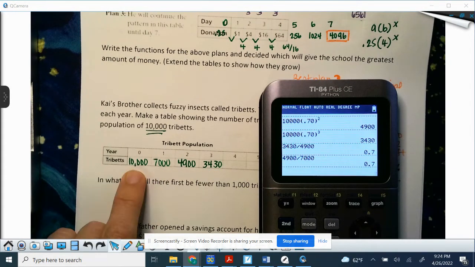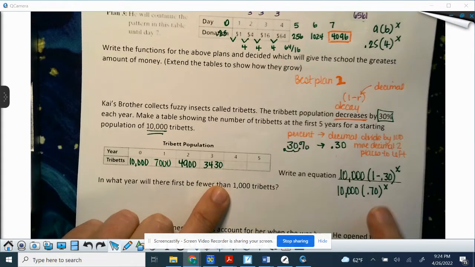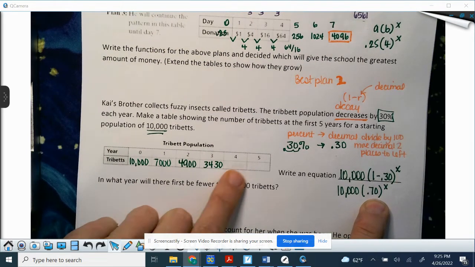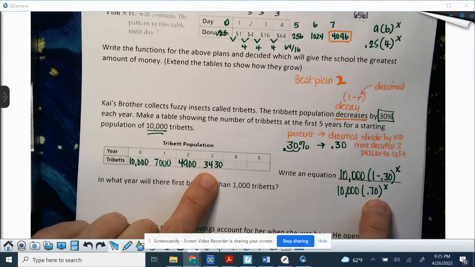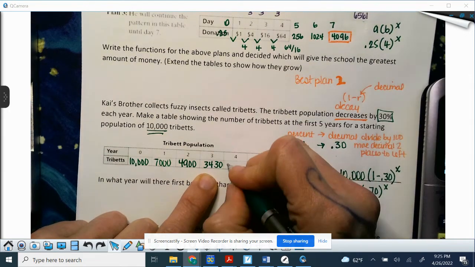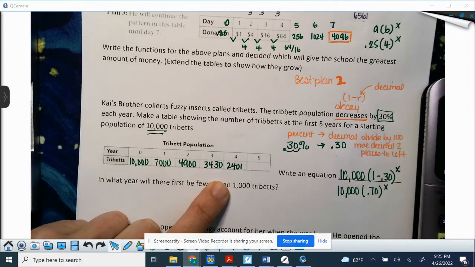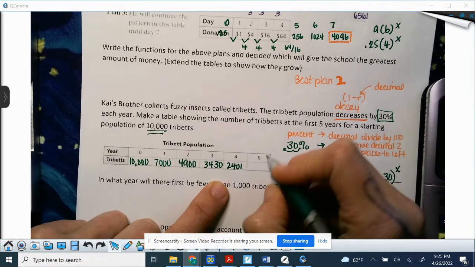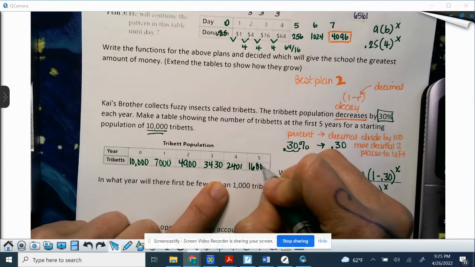So you could also have figured that out by knowing that 0.7 here is a multiply by 0.7. So I could just take 3,430 times 0.7, and that's going to give me 2,401. 2,401 times 0.7 gives me 1,680.7.